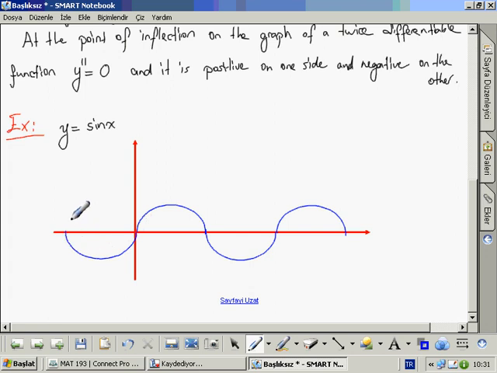Assume that this is the sine of x graph.